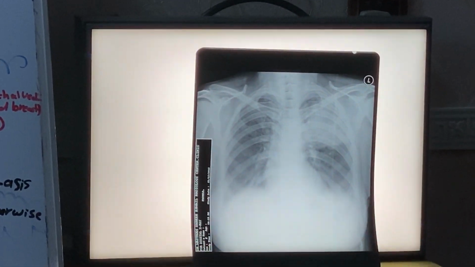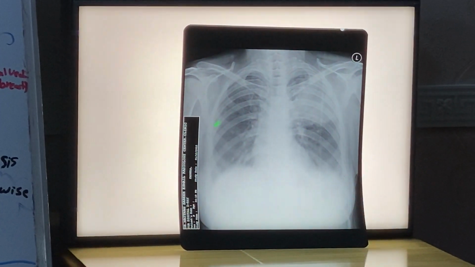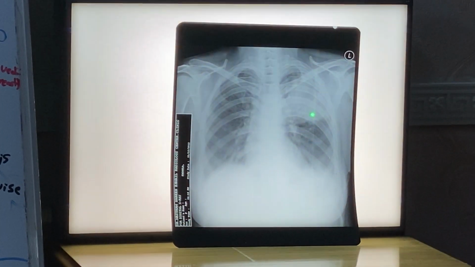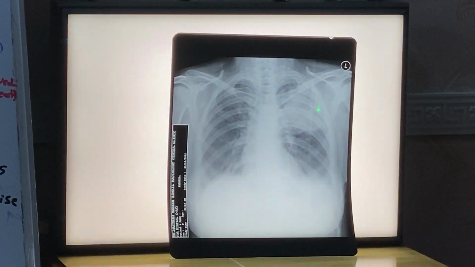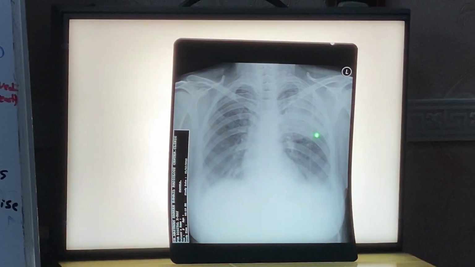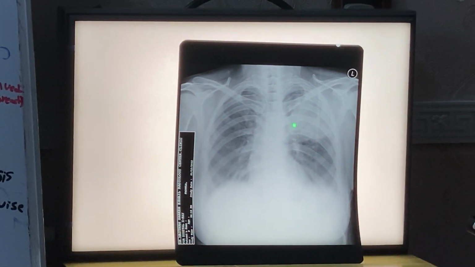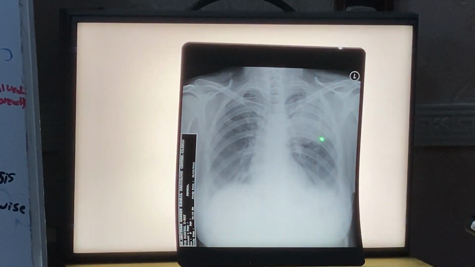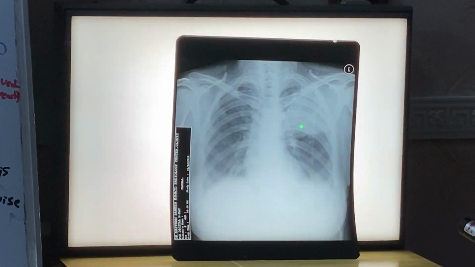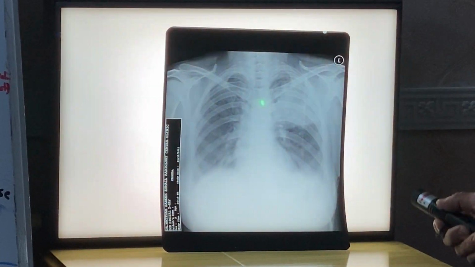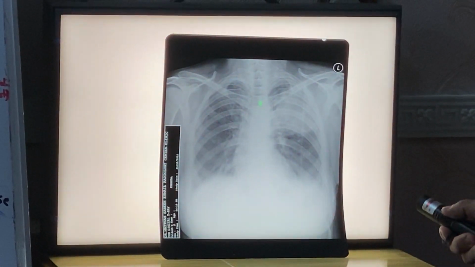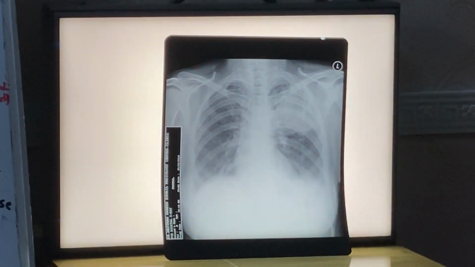Chest X-ray, PA view, dated, labeled, named. There is an opacity at the left upper zone. It is irregular, ill-defined consolidation, pneumonic consolidation, and this is a restriction. There is a restriction to the mediastinum. So this is a pneumonic consolidation.